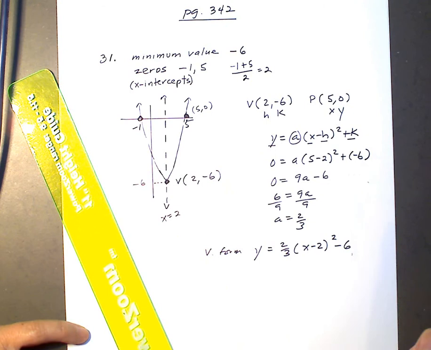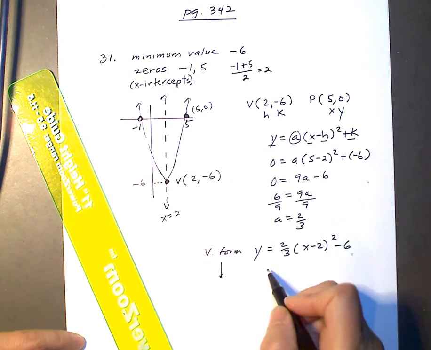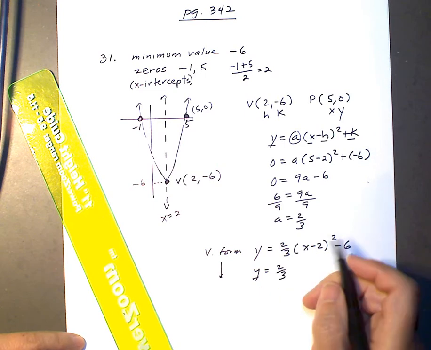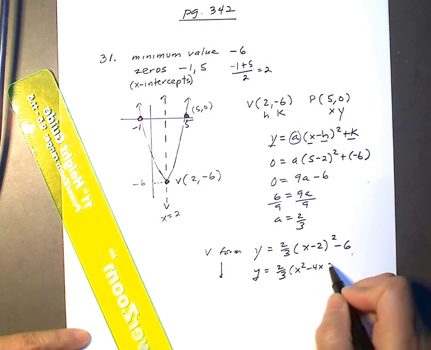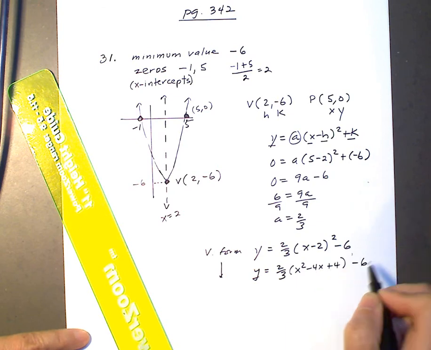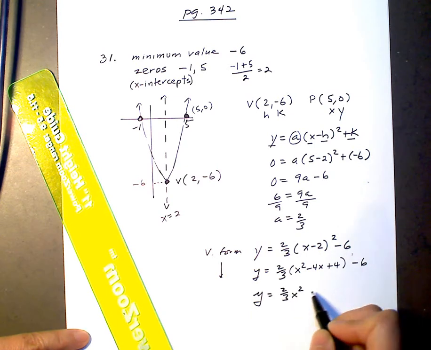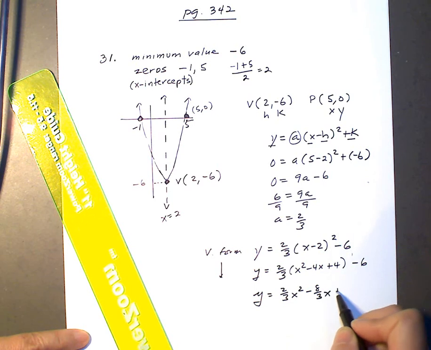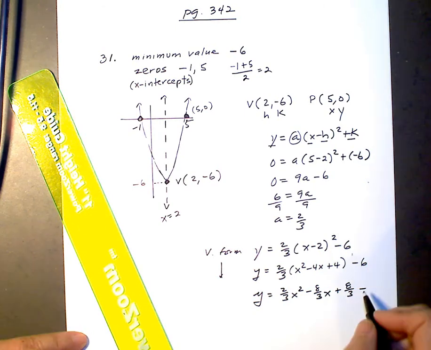Now to get this into standard form, I'm just going to simplify the right side. Multiplying out (x minus 2) quantity squared, we get x squared minus 4x plus 4, minus 6. So y is equal to 2/3 x squared minus 8/3 x plus 8/3 minus 6, which is 18/3.